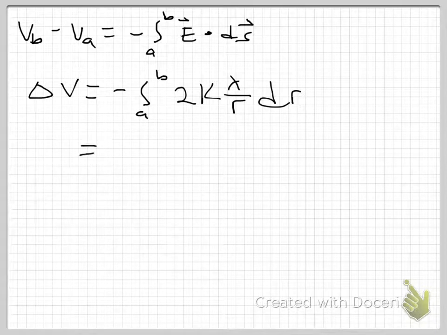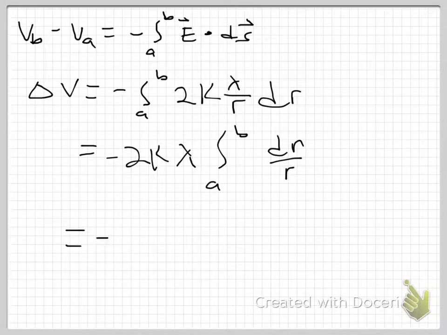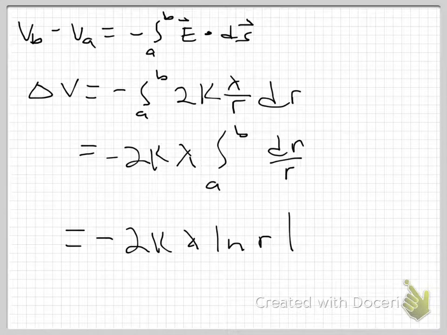And I get minus 2k lambda times the integral from A to B of dr over r. And we know what that integral is. It's just the natural logarithm of r. So this whole thing is going to be equal to minus 2k lambda log r evaluated from A to B.